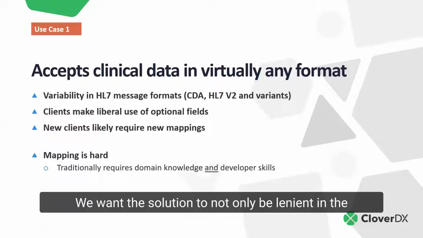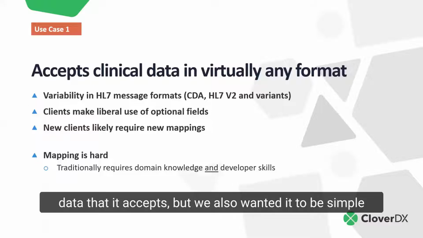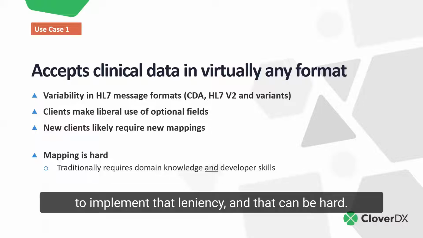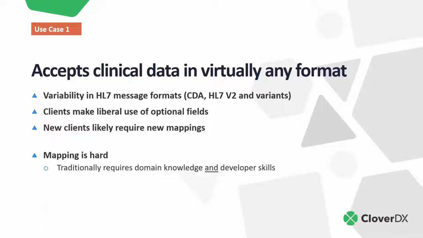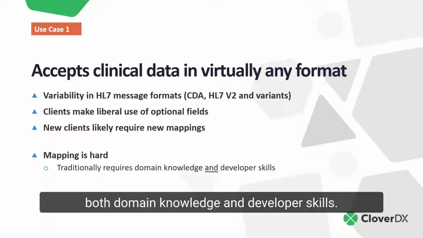We want the solution to not only be lenient in the data that it accepts, but we also wanted it to be simple to implement that leniency. And that can be hard. The traditional mapping from HL7 into some usable analytical structure requires both domain knowledge and developer skills.